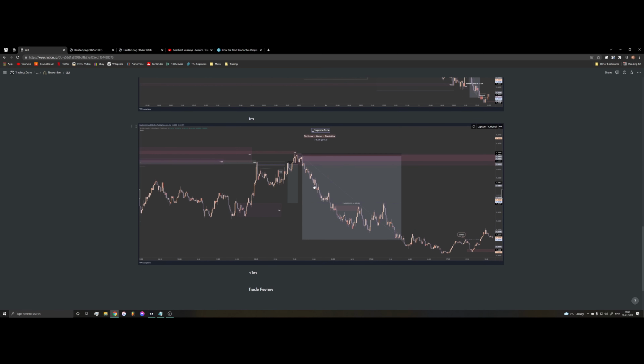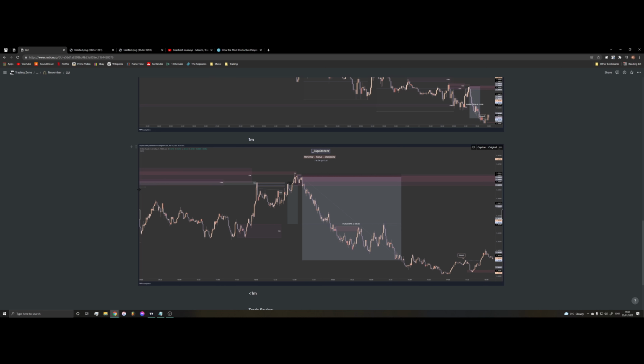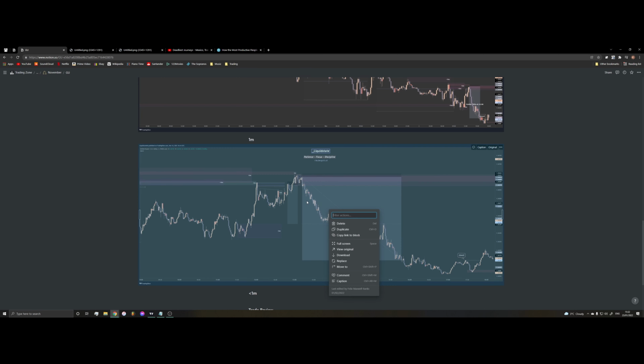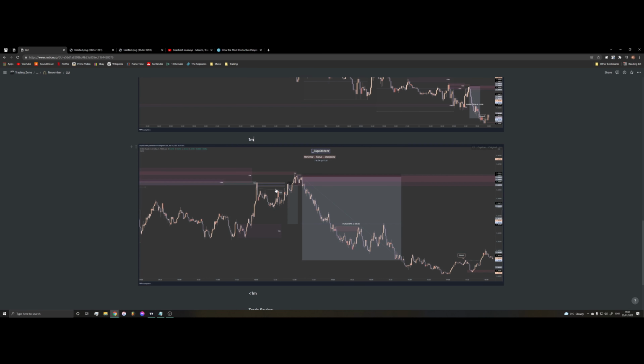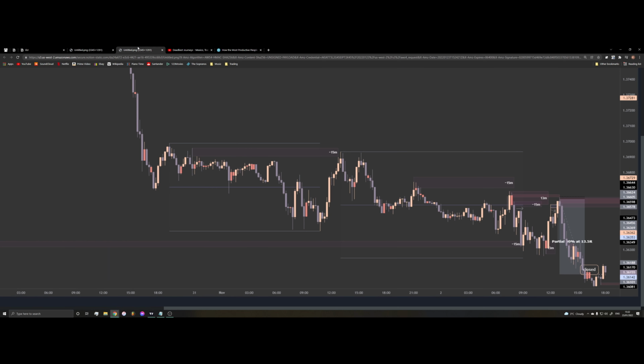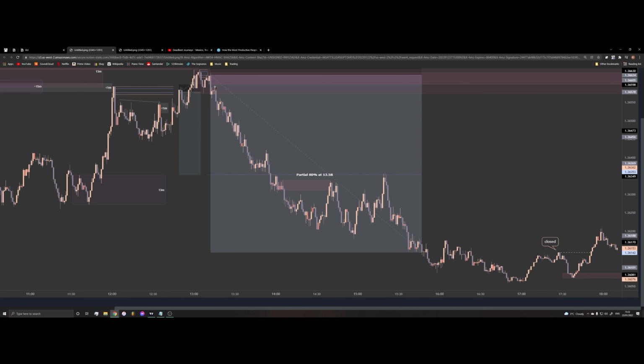So if we look at that here, it's not a proper break of structure, but we sweep all of the high time frame liquidity on the left, and we sweep these. Actually, to be fair, this move down here is somewhat aggressive, but it's not compared to this.